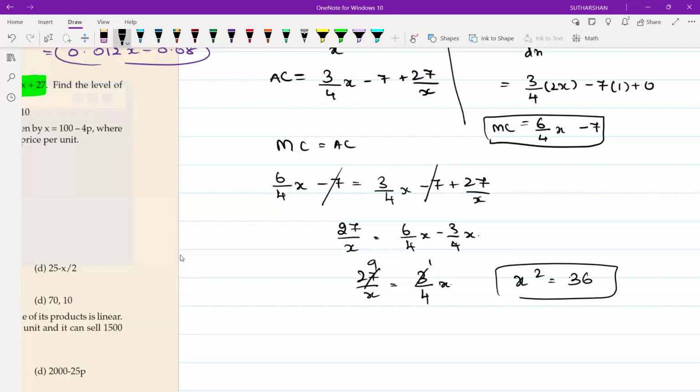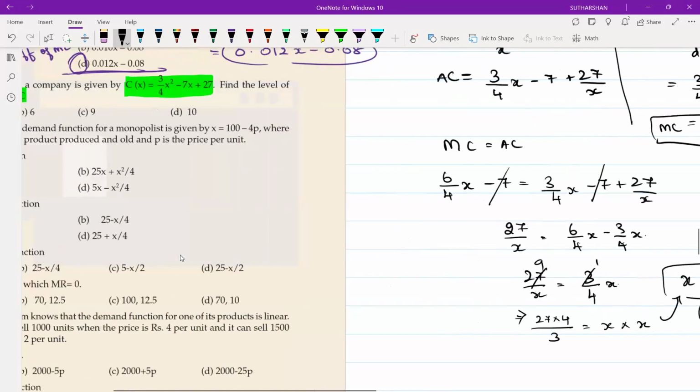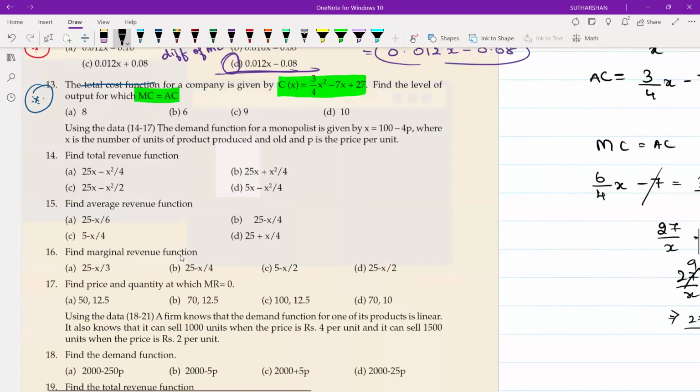If I want to simplify again for you, 27 into 4 divided by 3 equals x into x, which is x square. 27 into 4 divided by 3 will become 36. So x square equals 36, x will become 6, the positive value. X is equal to 6. So if x is equal to 6, my answer is option B.